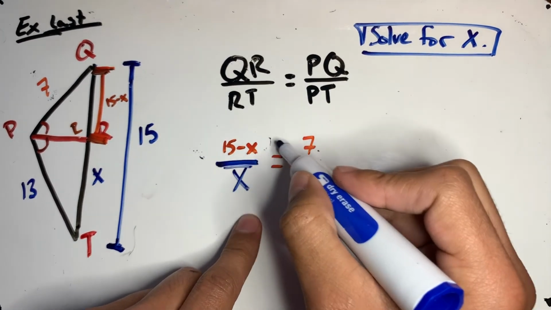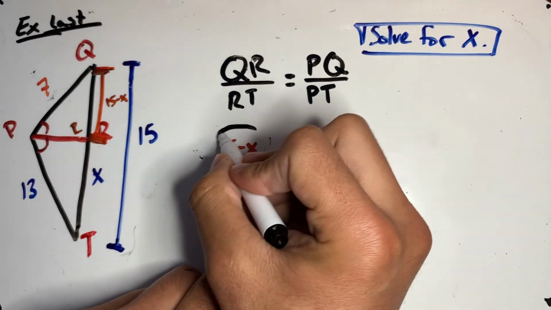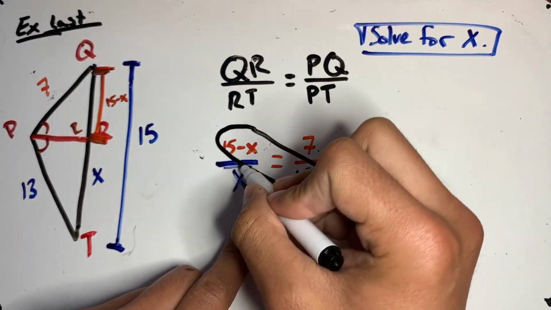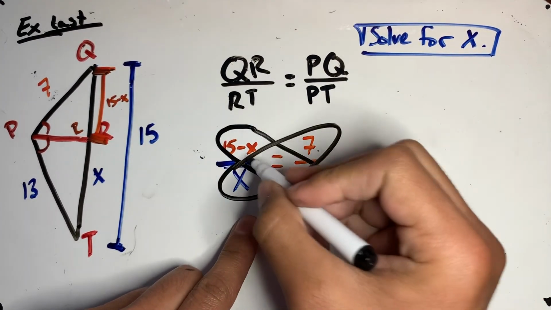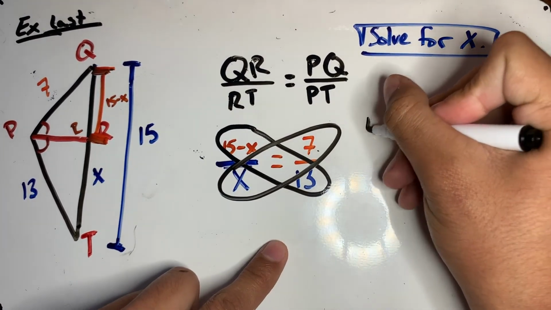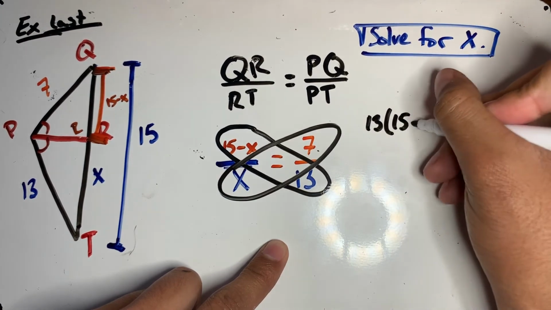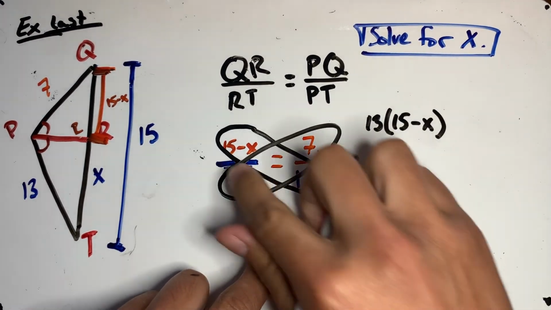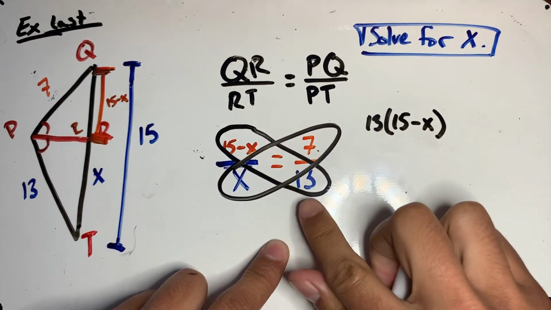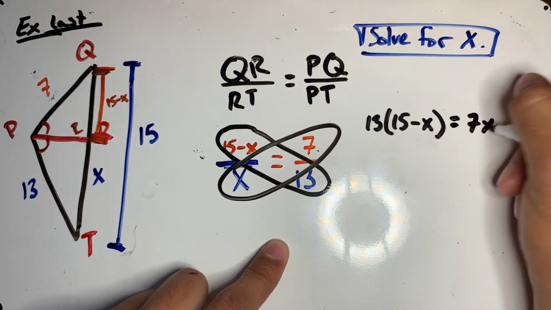So now we're going to cross multiply. Again, you're crossing and you're multiplying. So it's going to be 13 times 15 minus X. You have to multiply the entire quantity by 13, is equal to 7X.